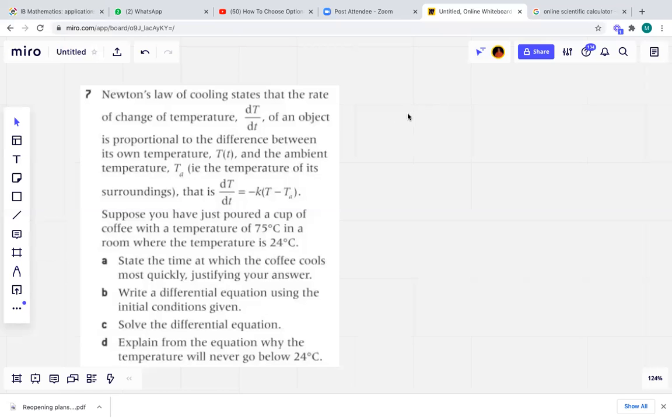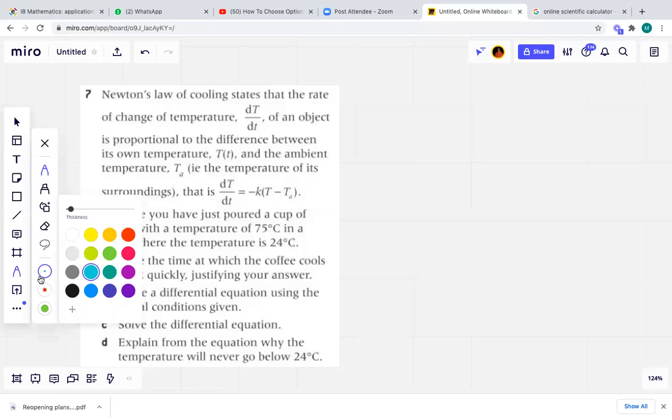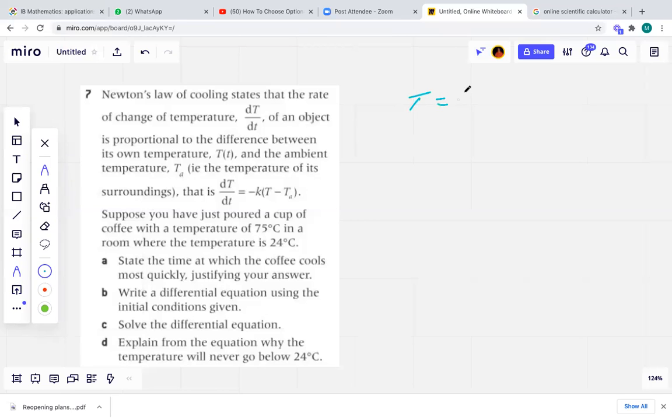So here, do we just separate the dt, I mean the time, from the temperature part? Exactly. I don't know what the temperature is. I know dT by dt. So find the temperature function.